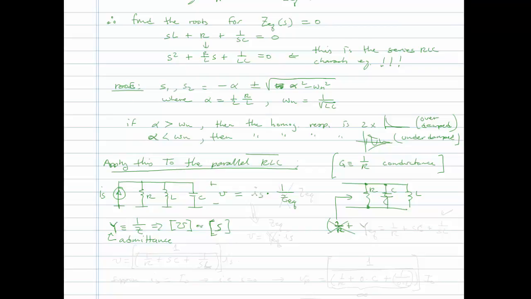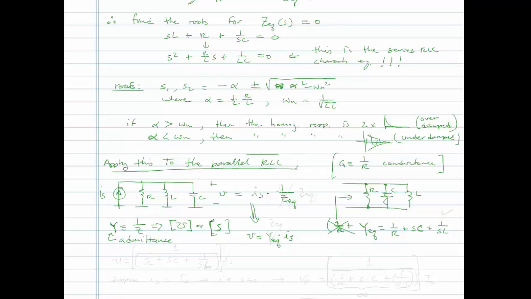We'll just say Y, the equivalent admittance, is equal to 1 over R, that's the admittance of the R, plus SC, because the impedance of the capacitor is 1 over SC, plus 1 over SL, because the impedance of the inductance is SL. We can rewrite this as, instead of I times 1 over Z, V equal to Y equivalent times IS.